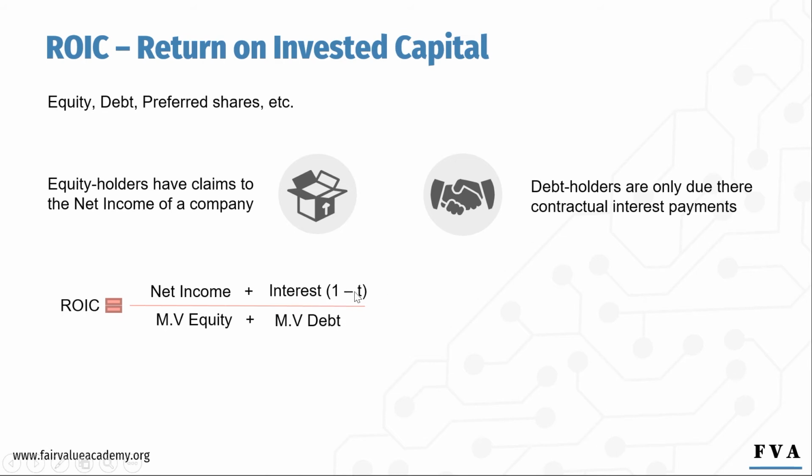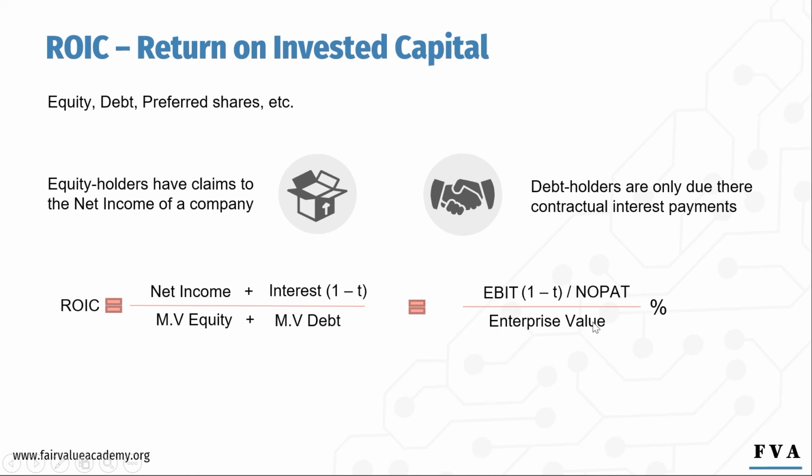Therefore, we put interest after tax. Net income plus interest after tax gives you EBIT after tax, or what we call NOPAT. And the market value of debt plus the market value of equity gives you the enterprise value. So this is the ROIC formula that you typically see in textbooks. Over here, I've just broken it down to make it easier to visualize.